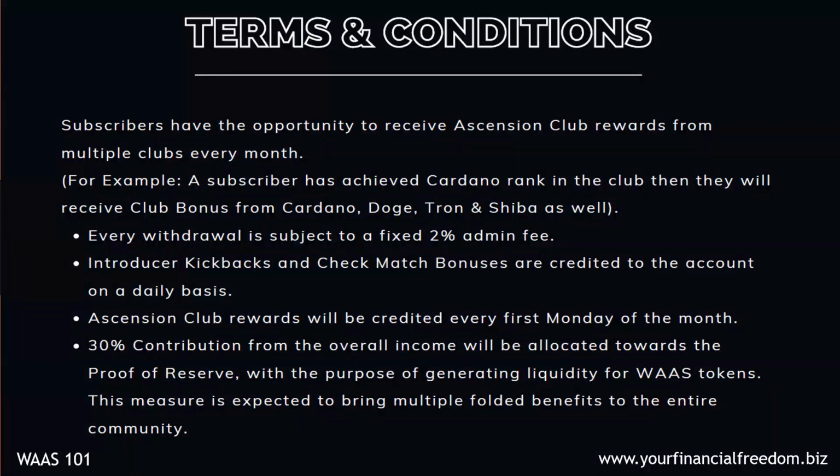You have achieved Cardano because you worked so hard. You will get paid on all these ranks. So I think this is $1,000, $2,000, $3,000, $4,000 worth of those tokens. $1,000 of Shiba, maybe $2,000 worth of Tron. I don't know the exact figure, okay?